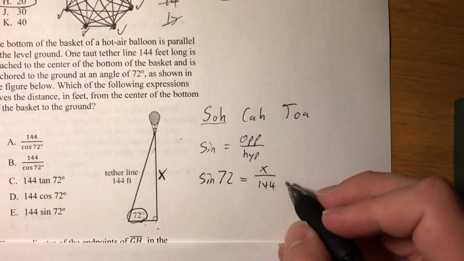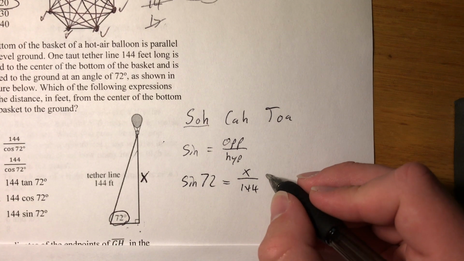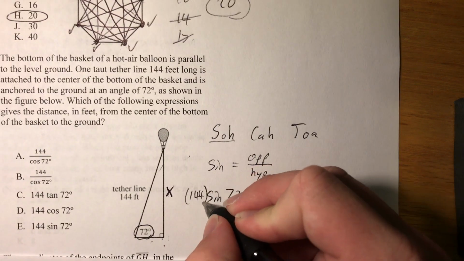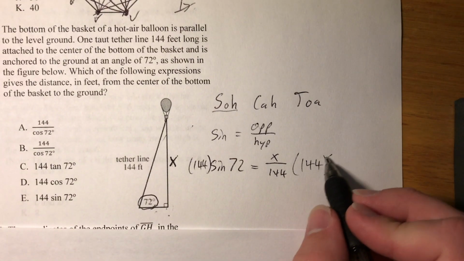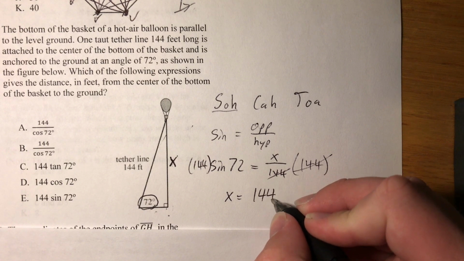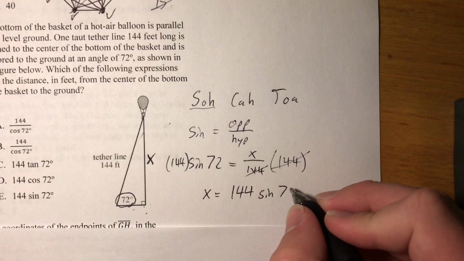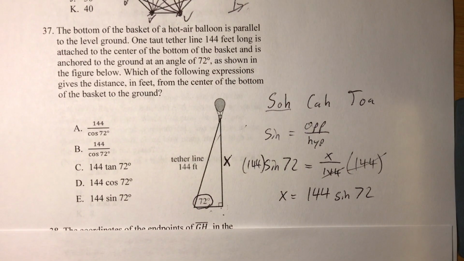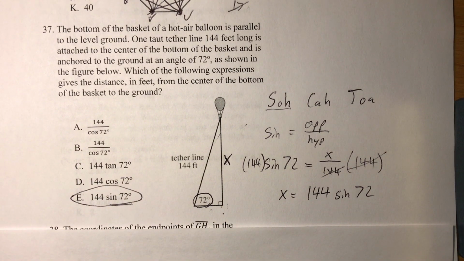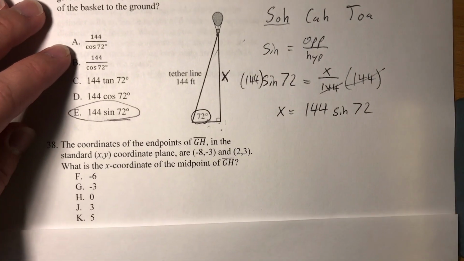And if we simplify this by multiplying by 144 on both sides, these cancel out, and x equals 144 times sine of 72. And that is one of our answers, E. Perfect. Let's move on to the next one.